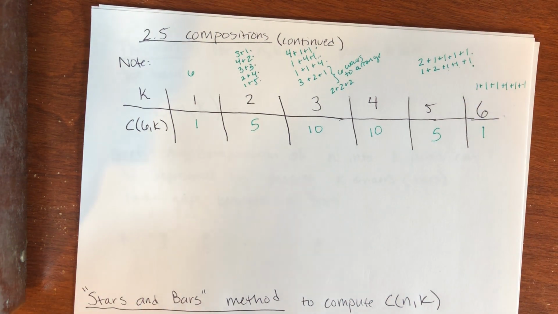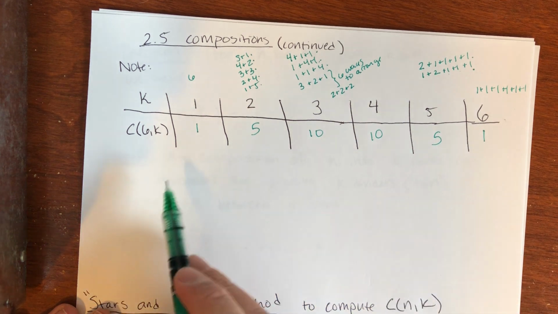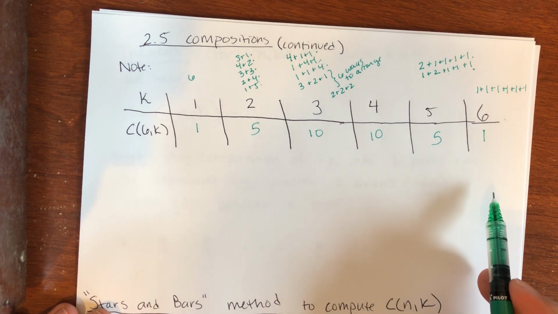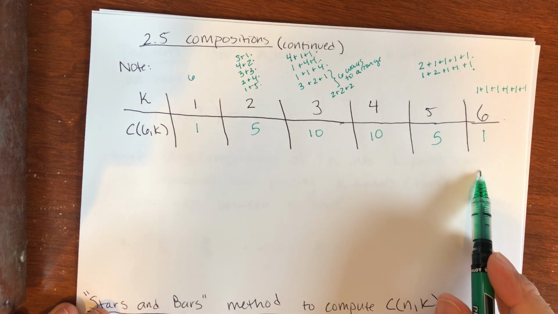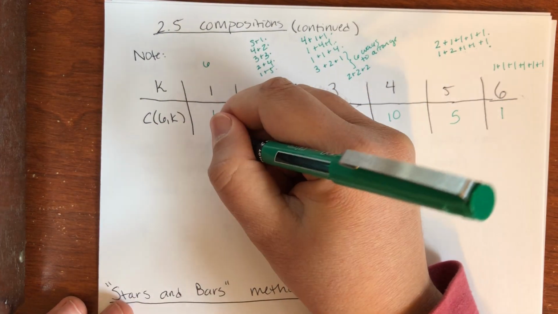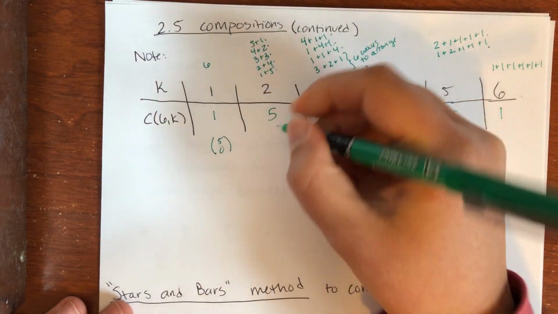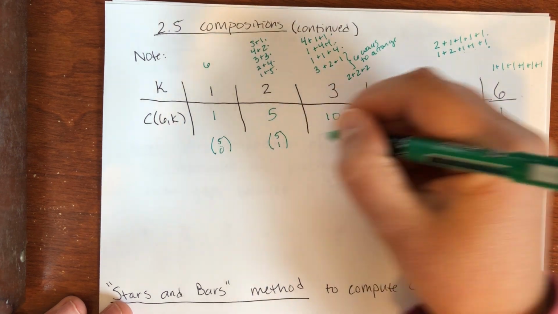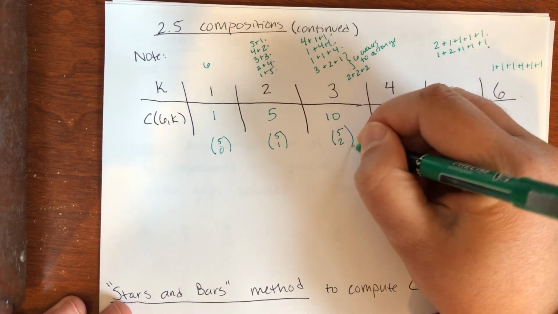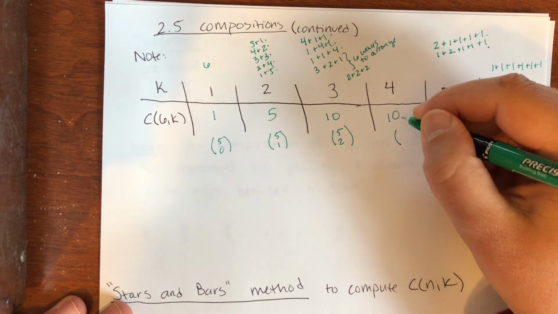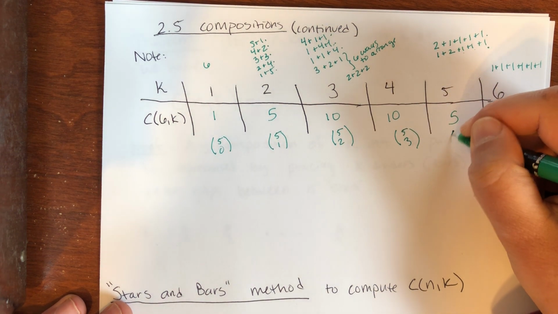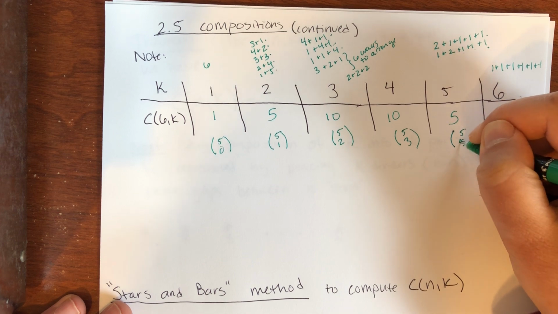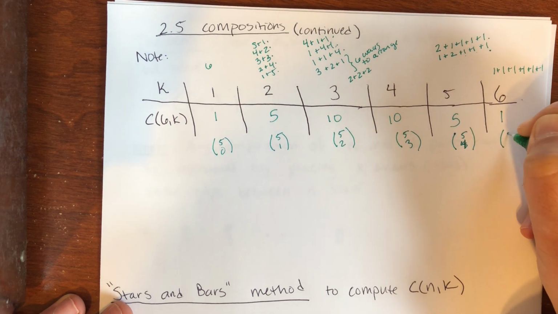Now, looking at this table here, hopefully these numbers look familiar, right? This is just the 5th row of Pascal's triangle. And we know that this 1 is the same as 5 choose 0, 5 is the same as 5 choose 1, 10 would be 5 choose 2, 10 would be 5 choose 3, 5 choose 4, and finally 5 choose 5.